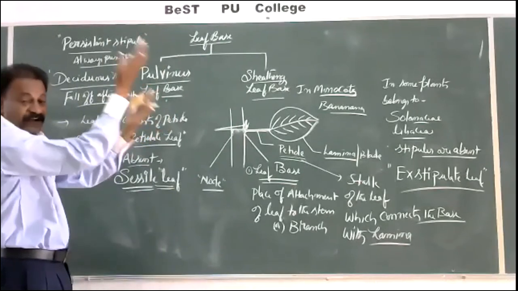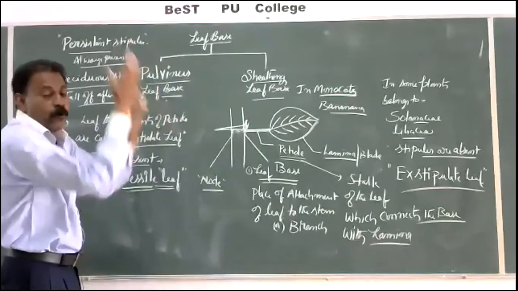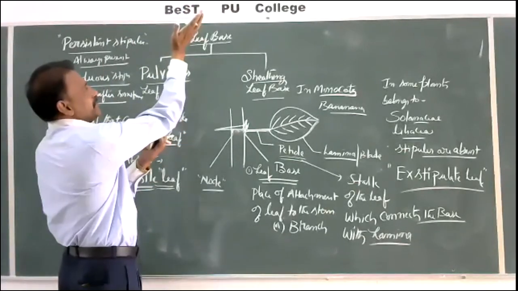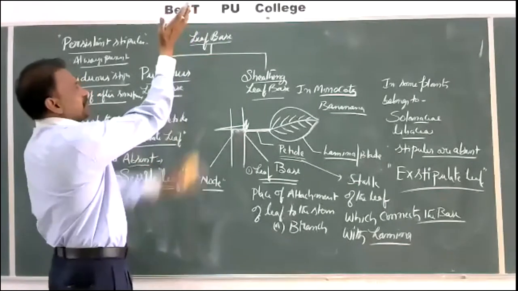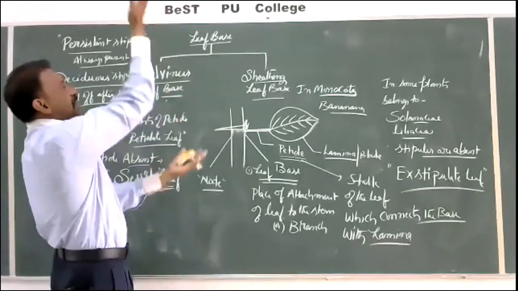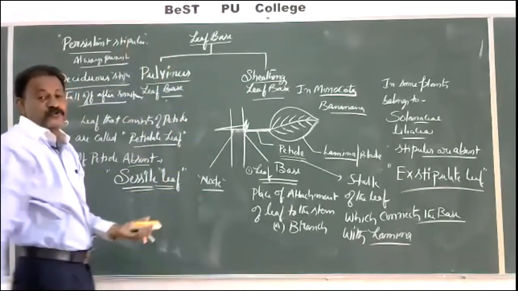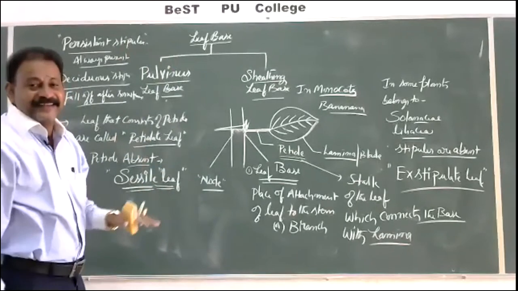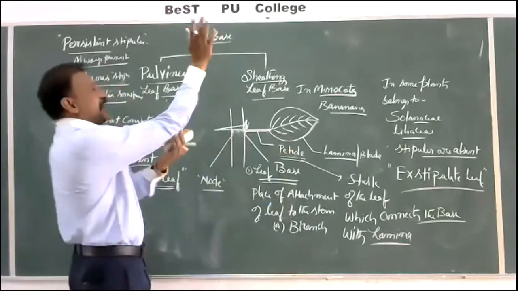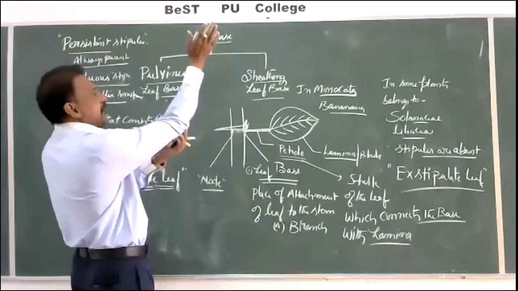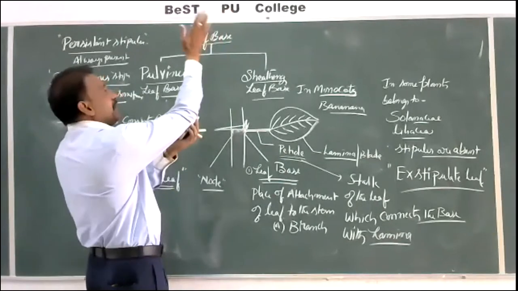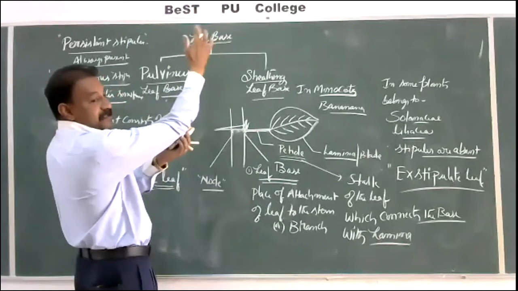Petiole's function itself is to hold the leaf lamina in such a way to get the sunlight. So many leaves are there on a stem. Each and every leaf is not overlapped. Each and every leaf is having some distance and they are properly exposed to the sunlight. And it is holding the leaf lamina in such a way as to flutter the lamina or leaf blade in the wind. So whenever wind is coming, lamina or leaf blade is fluttering.